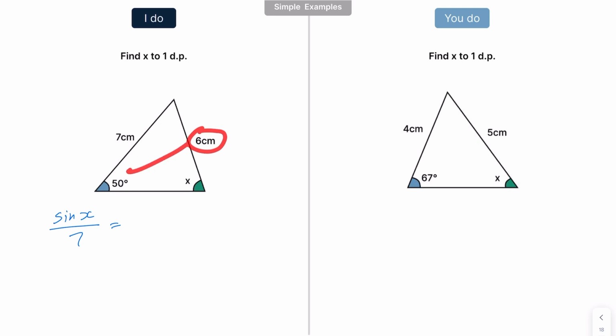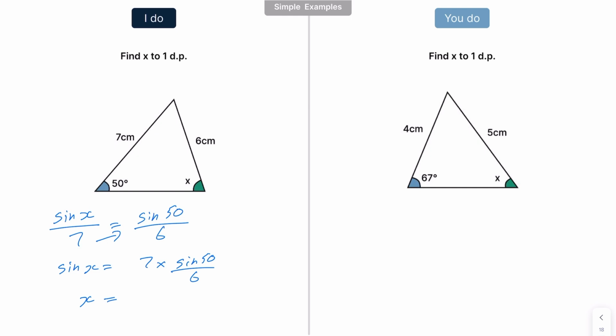If you look here, we've got a side and an angle. So that is going to be, again, remember we are writing the angle at the top now, sine 50 over that. And now just to be a bit careful here, I'm not going to keep writing this out, but I'll write it out for this one. When we rearrange this, we move the 7 over to that side. So we end up with sine x is equal to 7 times sine 50 over 6. And then we have x.